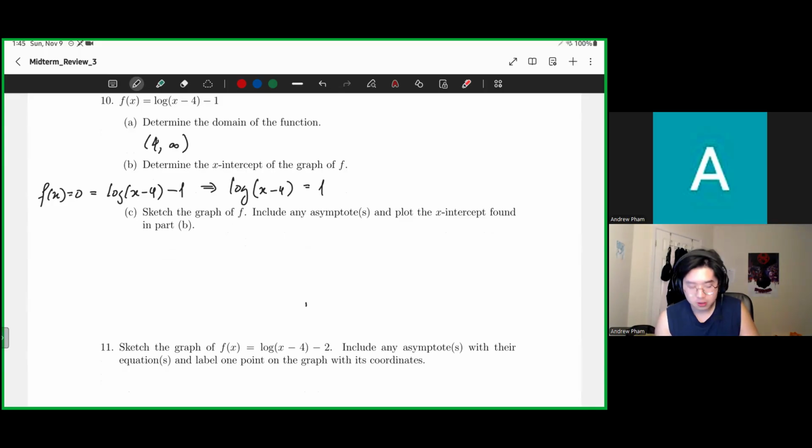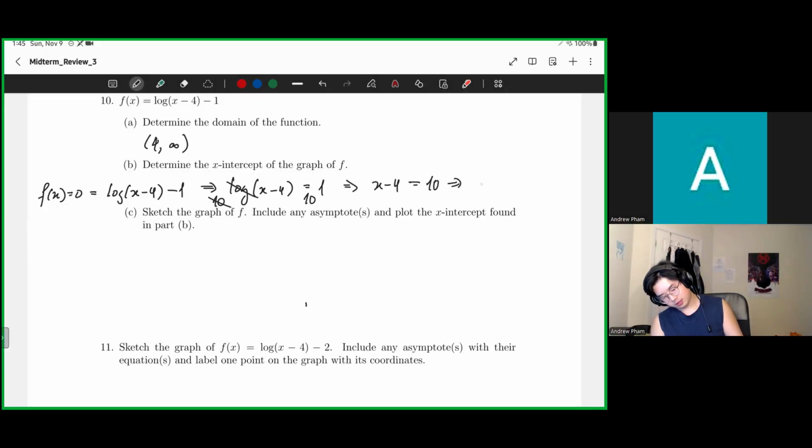And to undo the log, you raise both sides underneath a base of 10, right? Such that by your inverse rules, the log and the 10 cancel. And so you're left with x minus 4 on the left-hand side. And on the right-hand side, you just have 10 to the 1, which is 10. So adding over the 4, you get that x is equal to 14. So your x-intercept is at (14, 0).